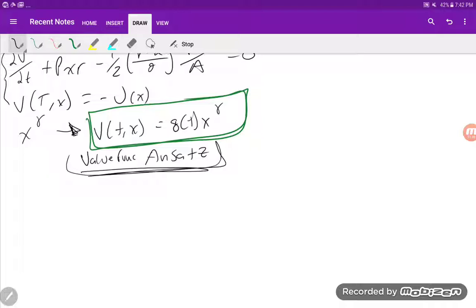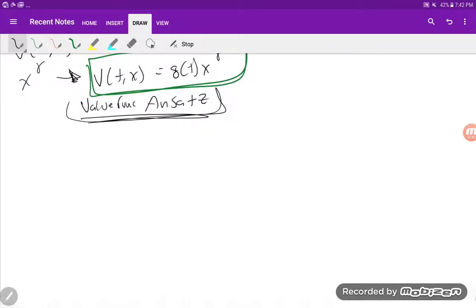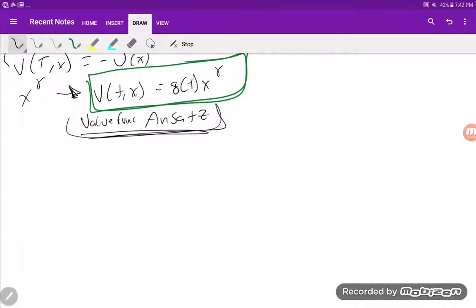Alright, so if we take that as our guess of a value function, what we can do is now derive those few things that we didn't have, such as partial derivative with respect to time. So that's just going to be the partial derivative, obviously x gamma doesn't depend on time, g depends on time by construction.